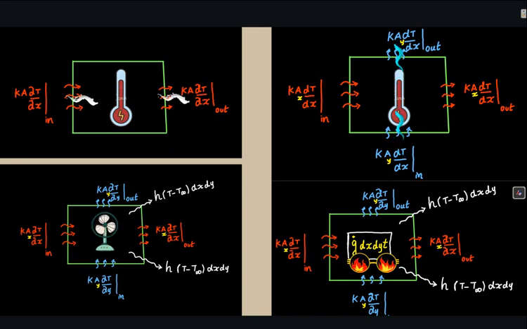Okay, the quantity of heat that is lost due to convection is directly proportional to the area, and it is also directly proportional to the temperature gradient. So this is the area dx dy. Because greater the surface area, greater is going to be the quantity of heat that is lost due to convection.